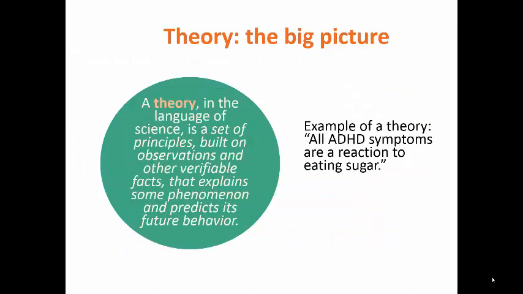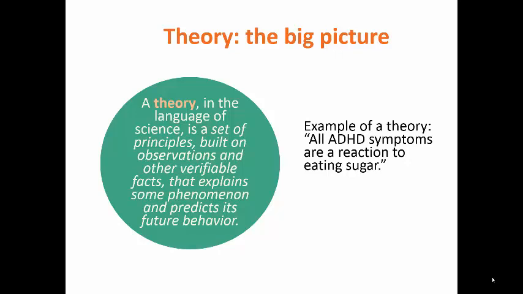So before we can begin designing an experiment, we have to have some sort of a theory. That's kind of like the big picture. A theory, in the language of science, is a set of principles built on observations and other verifiable facts that explains some phenomenon and predicts its future behavior. Oftentimes in psychology we get theories from other research.